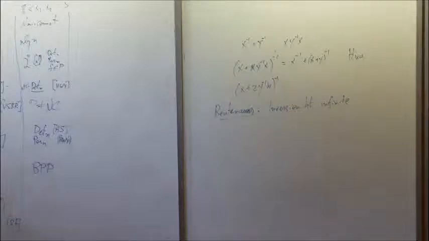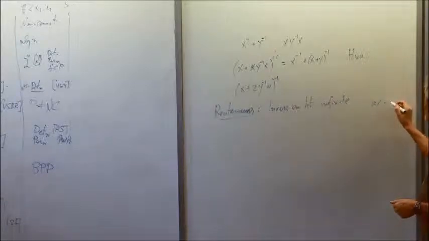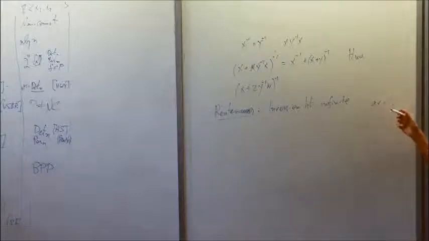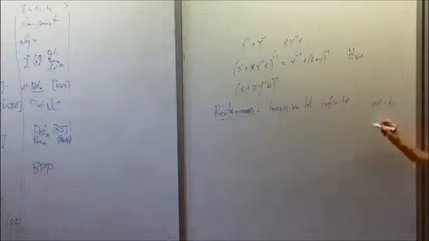What do you ever need rational functions for? You need rational functions to solve linear equations, right? If you want to solve Ax equals b, you need to invert A, or if you want to solve a linear system, you need to.